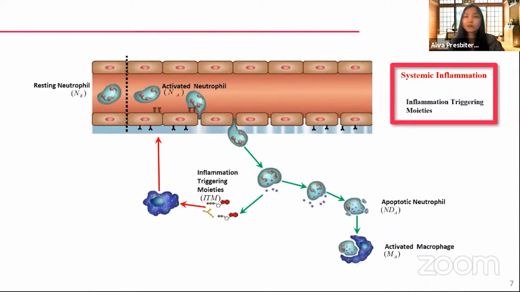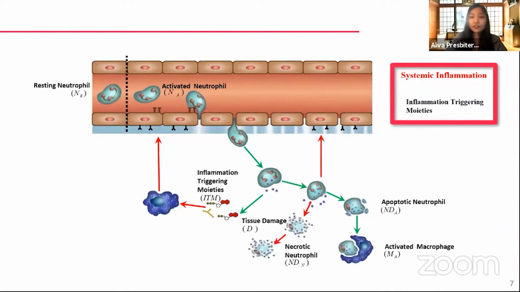However, this does not happen all the time because sometimes when inflammation is too intense, too severe, or maybe inflammation repeats itself, the neutrophils go into another, more violent death pathway, which is called necrosis.